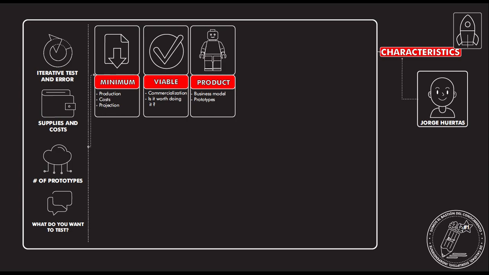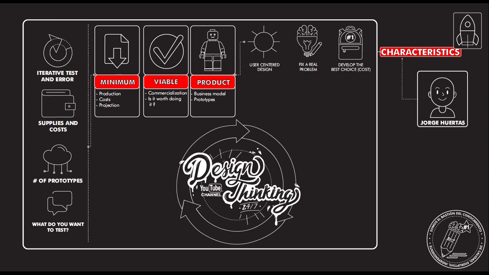We need to know every single thing here, and you need to test this with every single prototype that perhaps you want to develop and create. It's very important that all of these developments are user-centered design, are fixing a real problem, and the idea here is that you can develop the best choice. That's why you test a lot of components.